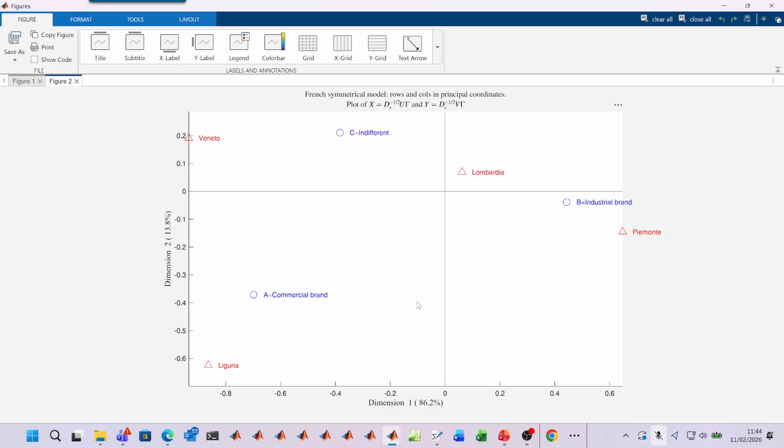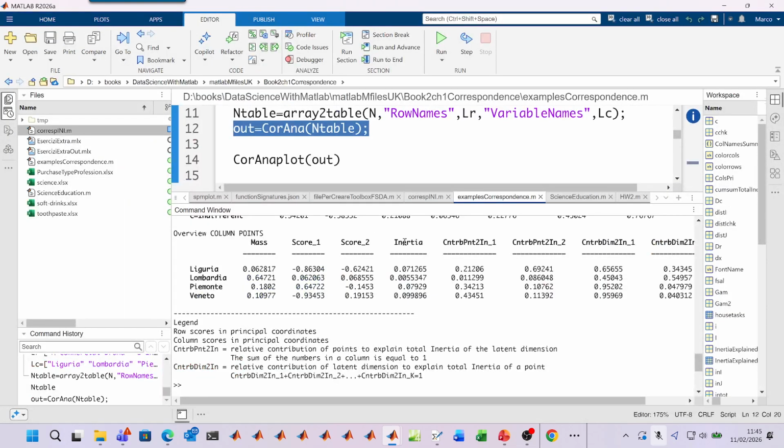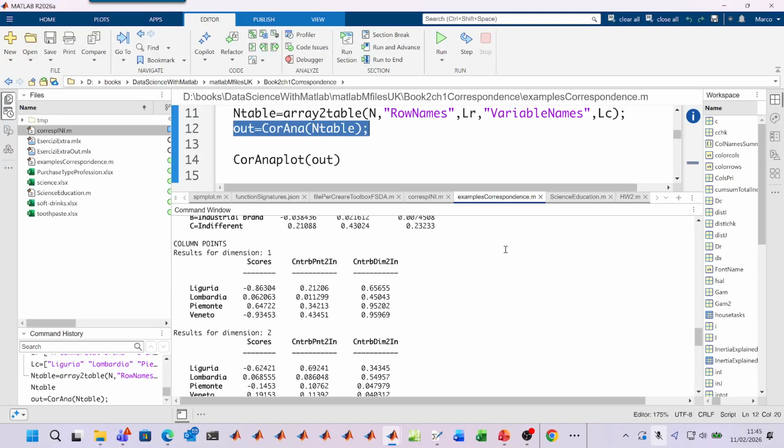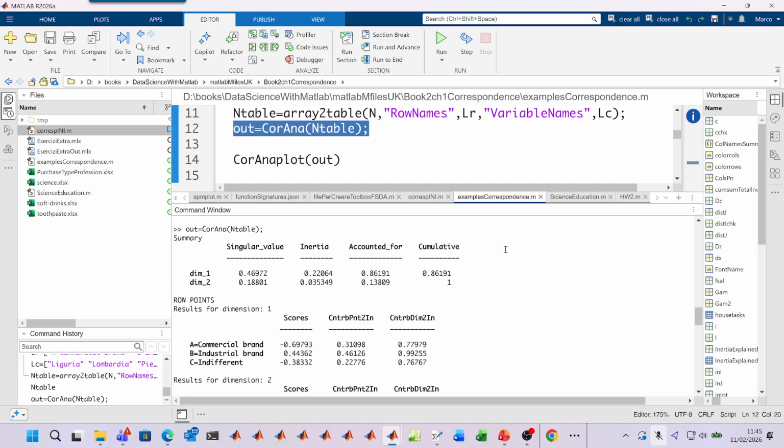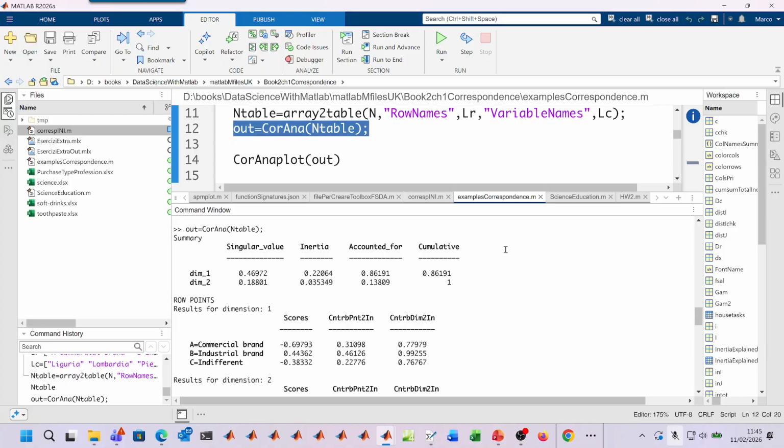Okay, automatically all the plots, then algebra, so you don't worry, but it also gives you automatically in the command window, first of all, the summary, all the eigenvalues and the inertia which is explained by the different dimensions. You have the score and the contribution.